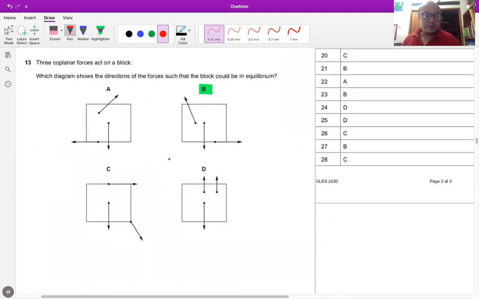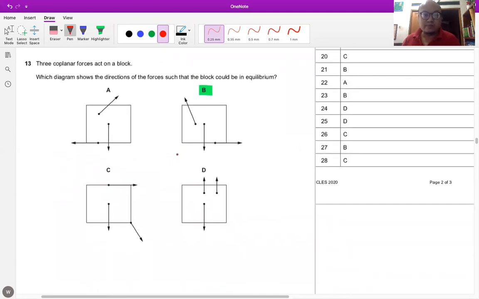Number 13 is B. Which diagram shows the directions of the forces such that the block is in equilibrium? This is about three coplanar forces acting on the block. The answer is B. Why B?